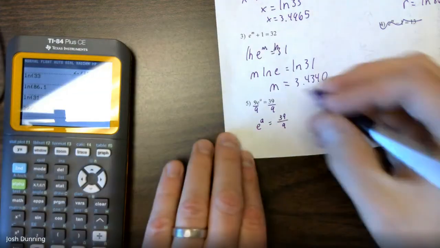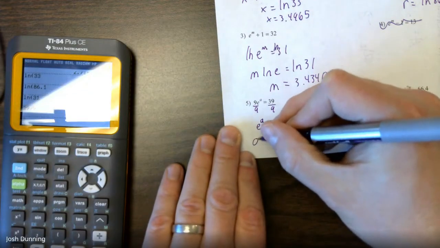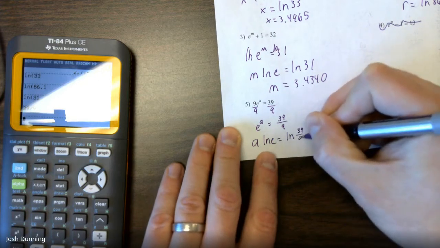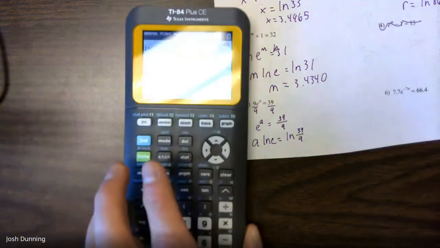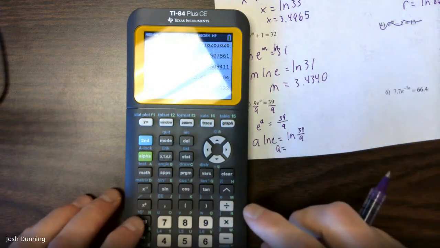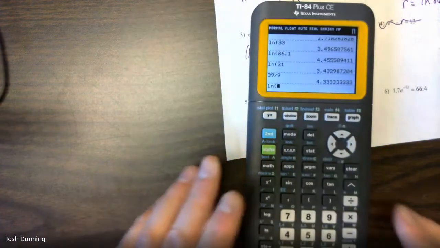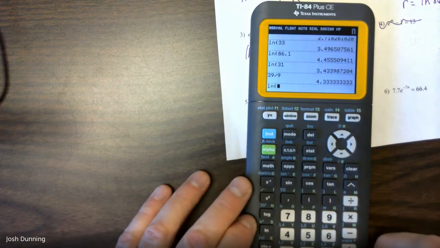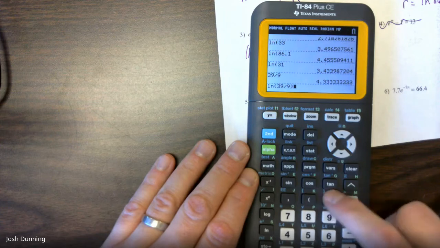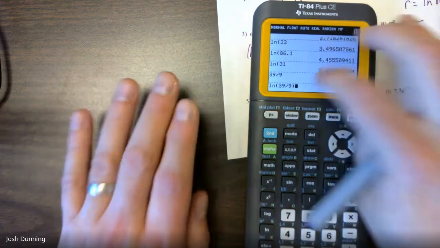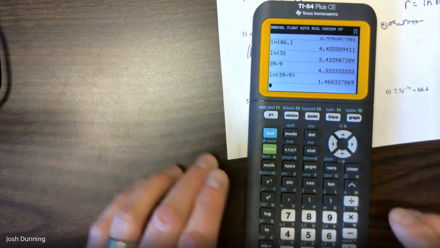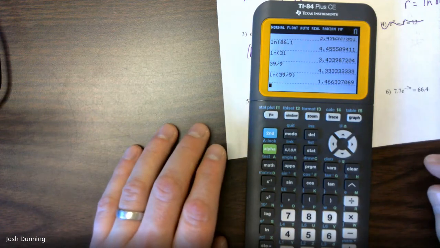So ln of both sides. And then that's gone. It's 1, so we don't care about it. ln of 39 over 3. You can use alpha y equals. We'll just use the division here since there's no other numbers or anything, so we won't mess it up. 1.4663.